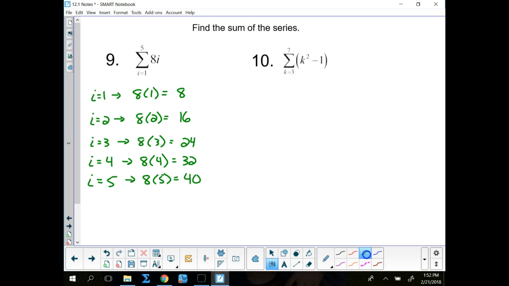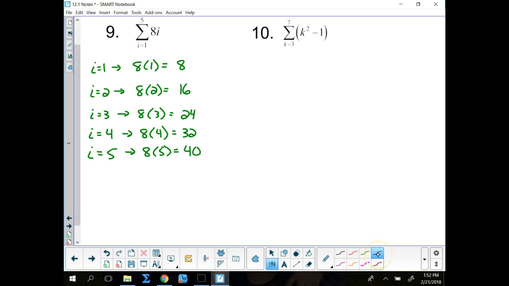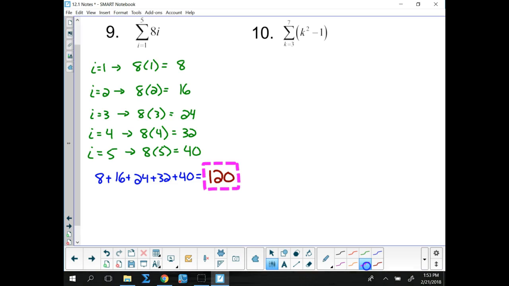Because the n told me to stop at 5. So you're not going to go to 6. You're going to stop right there. Now, what are you going to do with 8, 16, 24, 32, and 40? You're going to add them all together. So 120 is your sum.